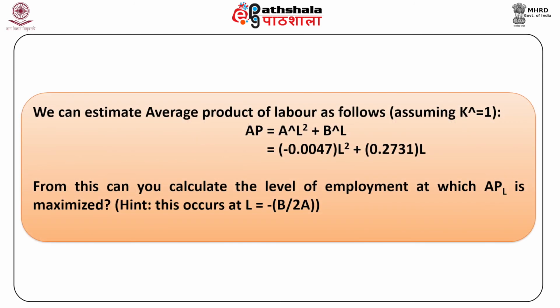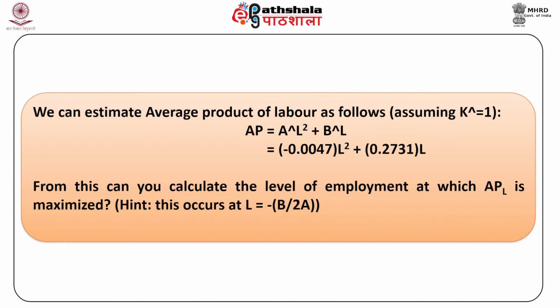We can estimate average product of labor as follows, assuming K hat = 1. AP = A hat·L² + B hat·L, which is equal to −0.0047 L² + 0.2731 L. Can you calculate the level of employment at which APL is maximized?